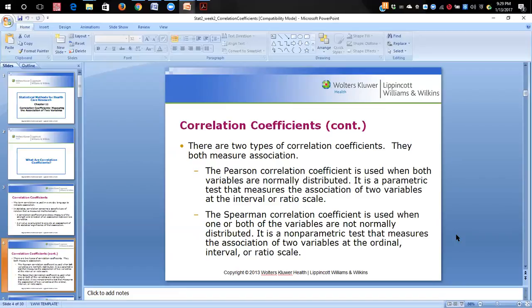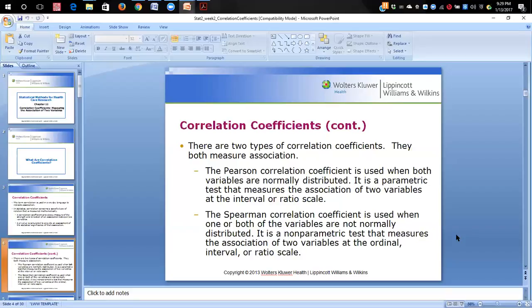For example, if you're measuring the severity of fatigue, but it's a Likert scale, then you know that you cannot use Pearson correlation coefficient, because a Likert type scale produces ordinal data, at the ordinal level of measurement, and therefore you need to use Spearman correlation if you're interested in looking at the relationship of cancer-related fatigue measured by a Likert type scale reported by the patient, and its relationship to sleep disturbances, for example.